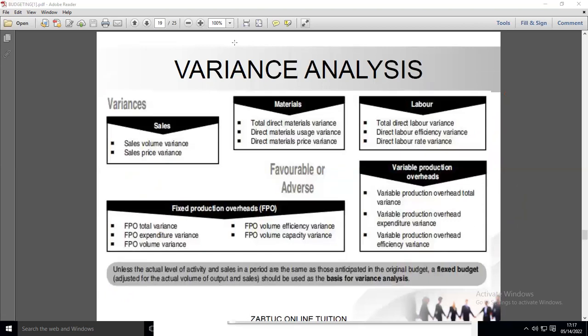This brings us to the concept now of variance analysis. Now, variances are important performance indicators, KPIs. A variance is a KPI.